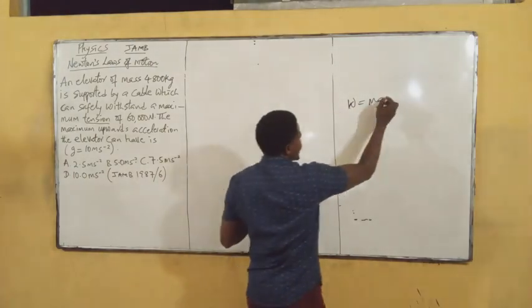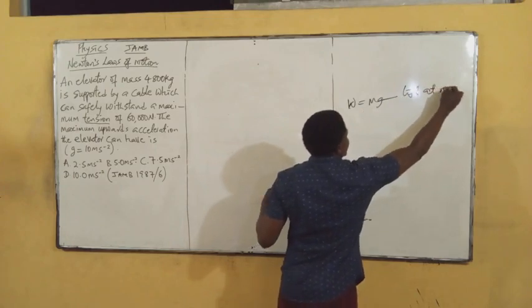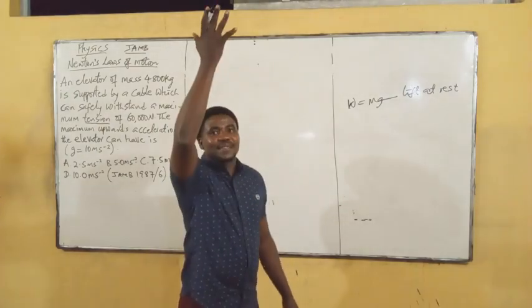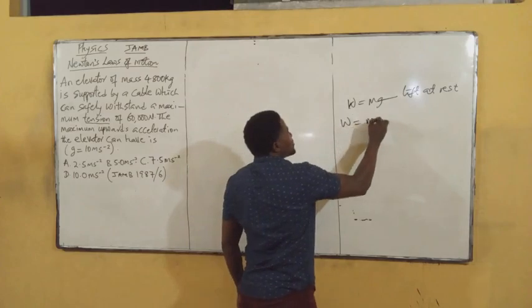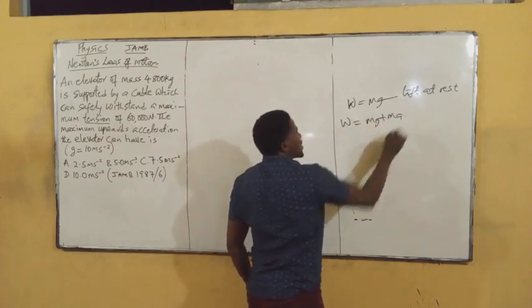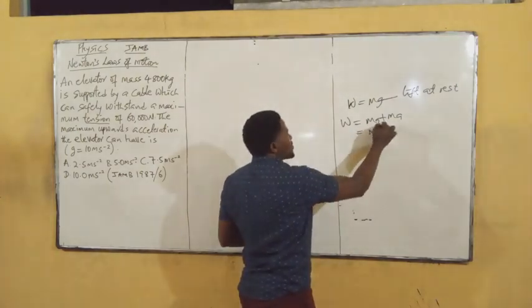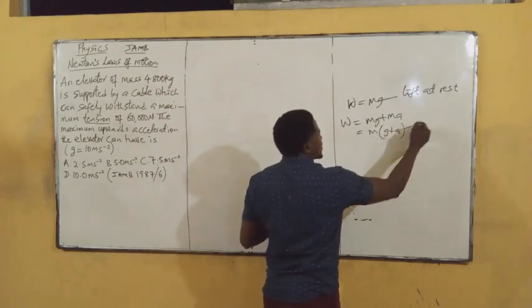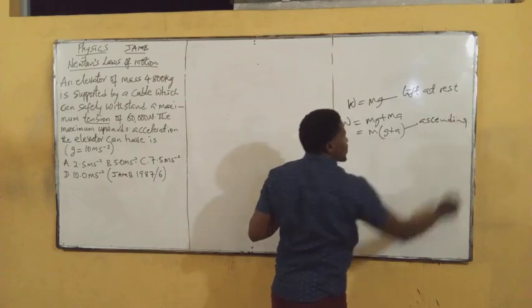If the elevator or the lift is ascending upwards, then W is equal to mg plus ma, which can be factorized as, since m is common, m bracket g plus a. This is when the elevator is ascending upwards.